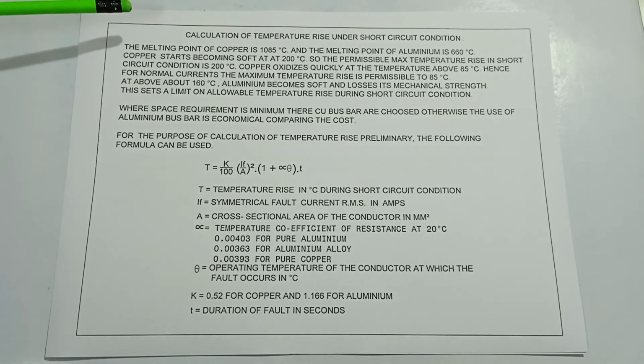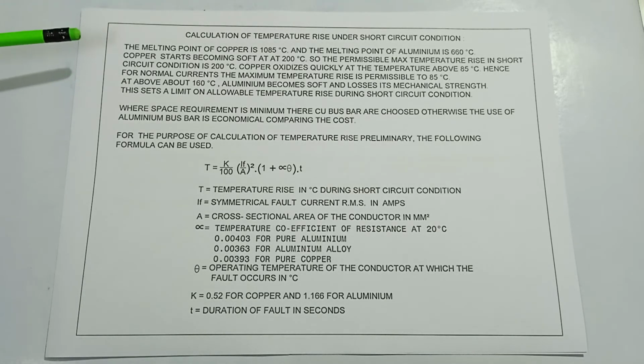Calculation of temperature rise under short circuit condition. The melting point of copper is 1085 degrees centigrade and the melting point of aluminium is 660 degrees centigrade. Copper starts becoming soft at 200 degrees centigrade, so the permissible maximum temperature rise in short circuit condition is 200 degrees centigrade.